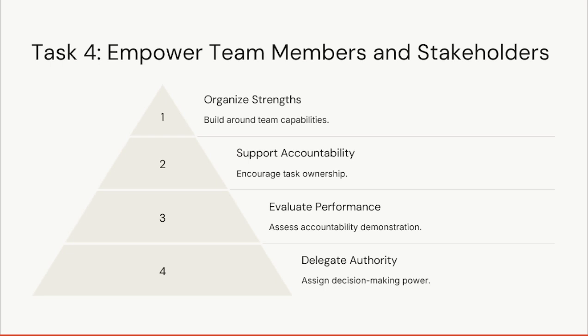And the last key enabler we have here is to determine the best level of decision making authority. The exam often tests your understanding of delegating decision making authority appropriately to empower the team while maintaining project control.